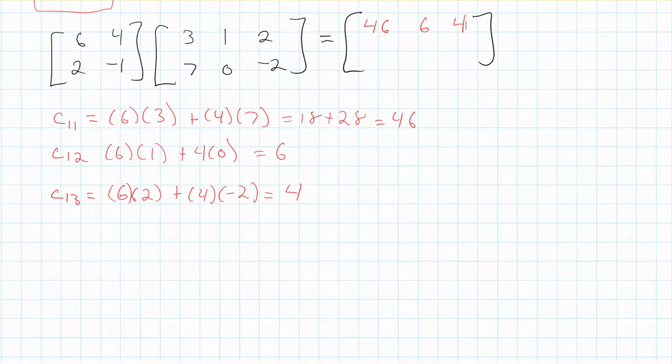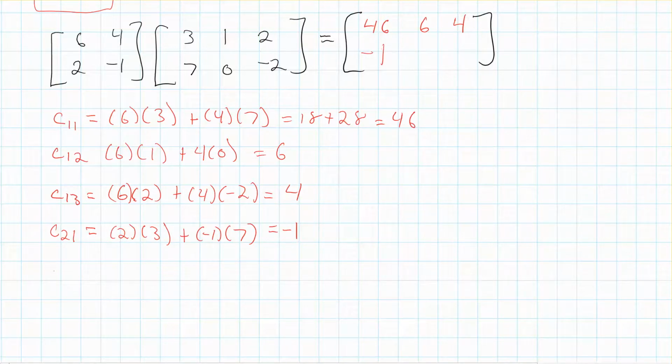Okay, well now we have the second row to do. So we have C21. C21 would be 2 times 3 plus negative 1 times 7. So 6 plus negative 7, negative 1.